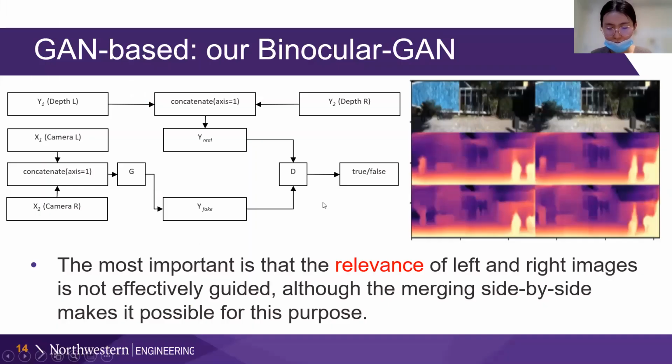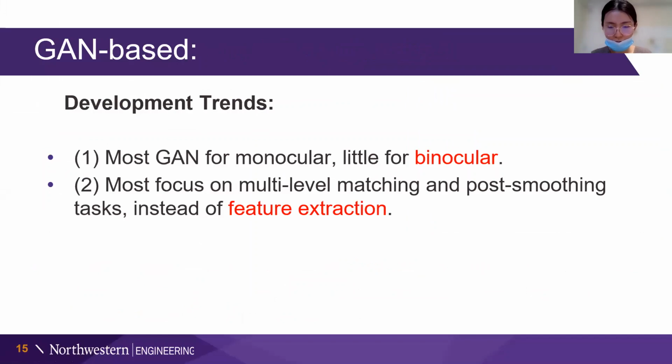And back to our presentation, we can see that the GAN-based method is in line with the trend of development, and there is a lot of room for development and good perspective.